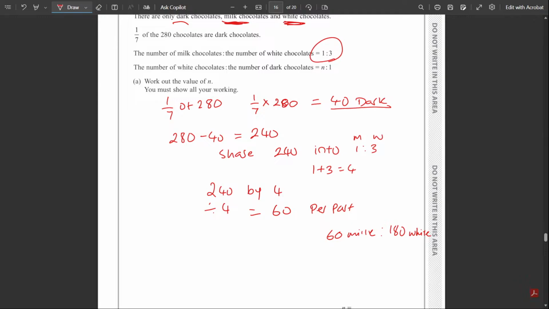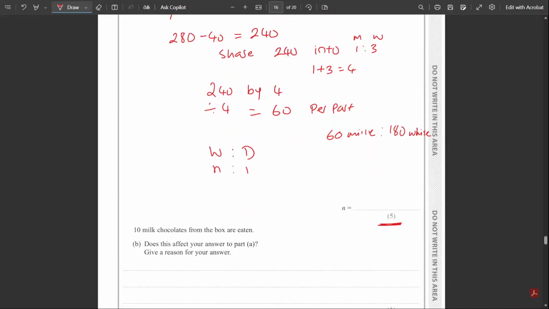We know the ratio between white to dark is n to 1. So n is the white and the dark is 1. If we know white is 180 and dark is 40, how do I go from 40 to 1? You divide by 40, so we divide 180 by 40 as well. 40 goes into 160 4 times, and half of 40 is 20, so you get 4.5.